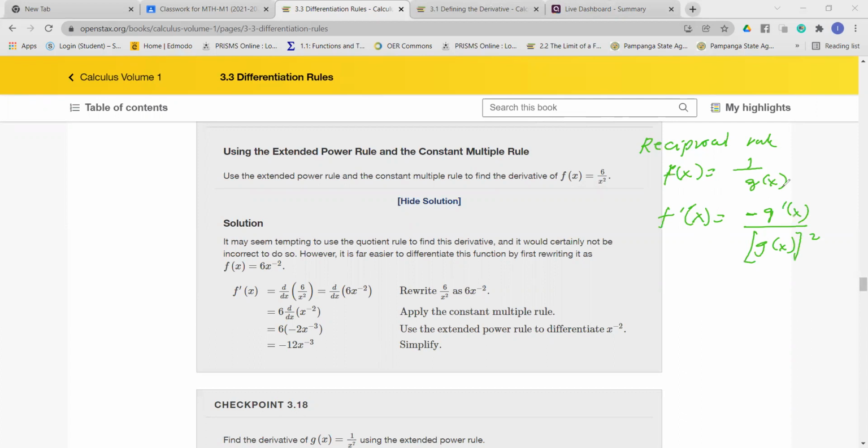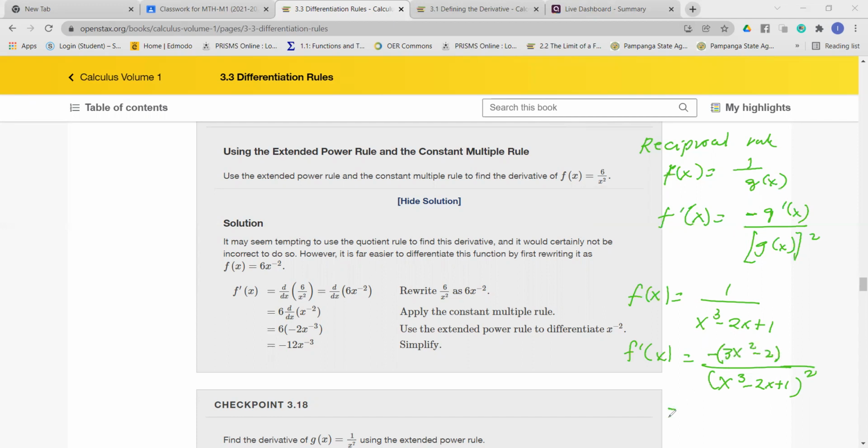So, for example, I have f of x equal to 1 over x cubed minus 2x plus 1. Then f prime of x will just be, with my denominator x cubed minus 2x plus 1 squared, the extended division rule. And my numerator will be the negative of the derivative of this, so negative of 3x squared minus 2.